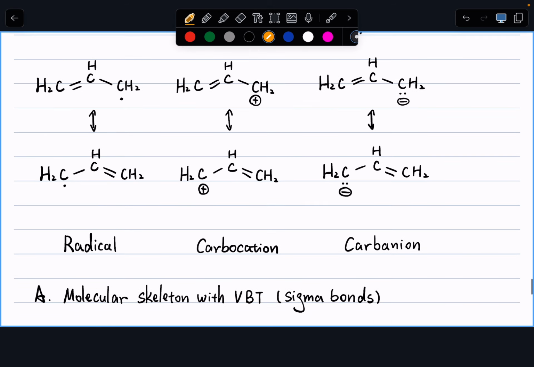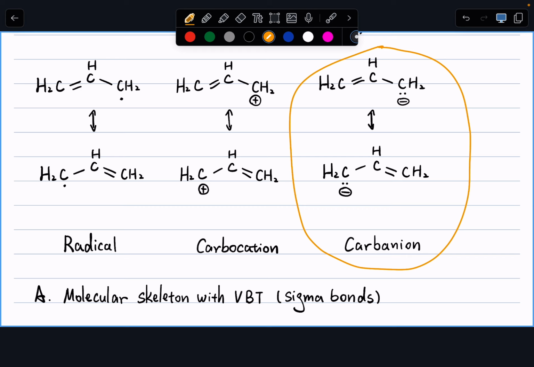So these are things that we just did together, right? You have radical, you have carbocation, you have carbanion. And what we're going to do together is write out the bonding of these allylic systems. I'm going to randomly pick this carbanion as an example, but the same applies to the other two systems as well, so you can try it yourself later on.